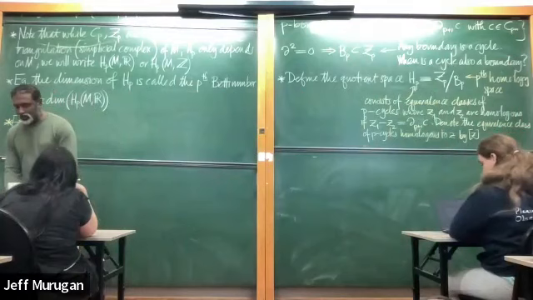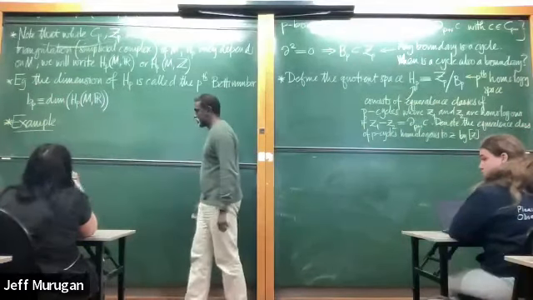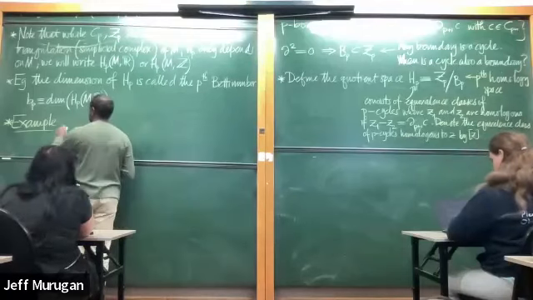Okay. So our go-to example is the two-sphere. So let's calculate the homology group.